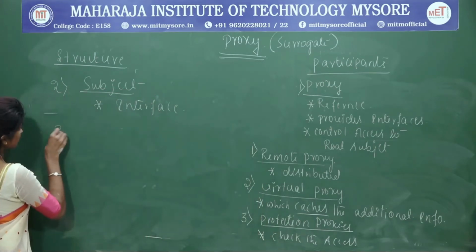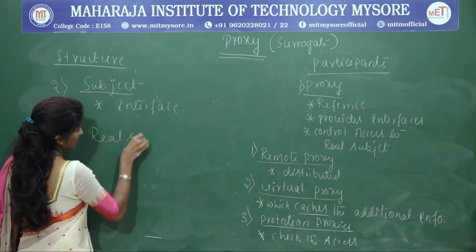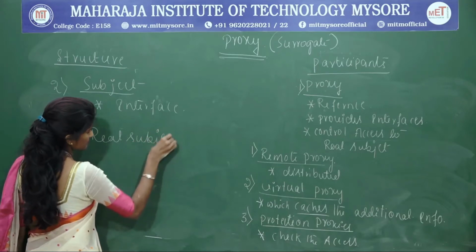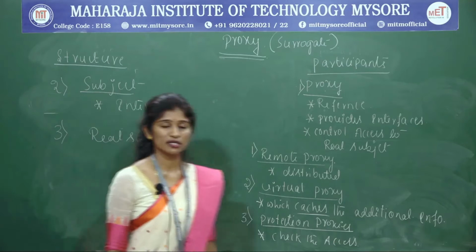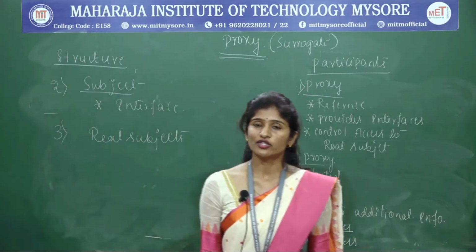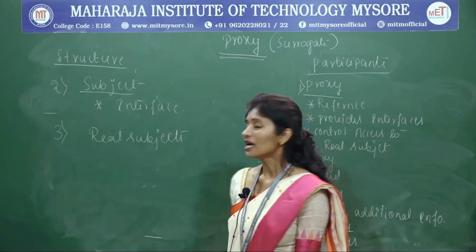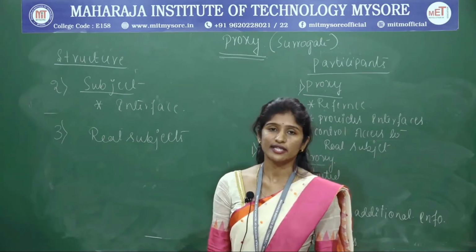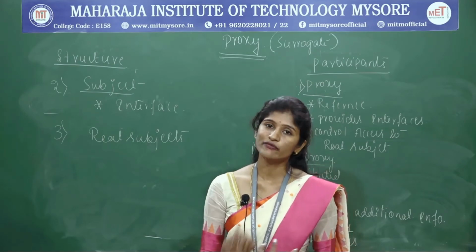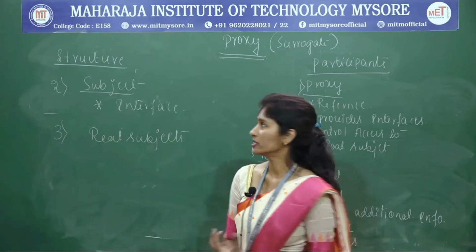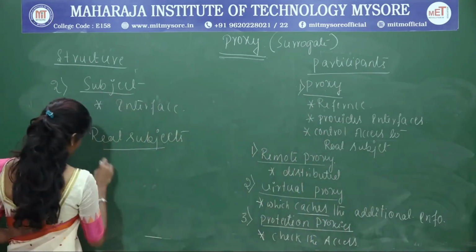Next we'll see the third participant, the real subject. The real subject is the real object created for the client and stored in the secondary storage device, and it is the one that responds for the proxy.